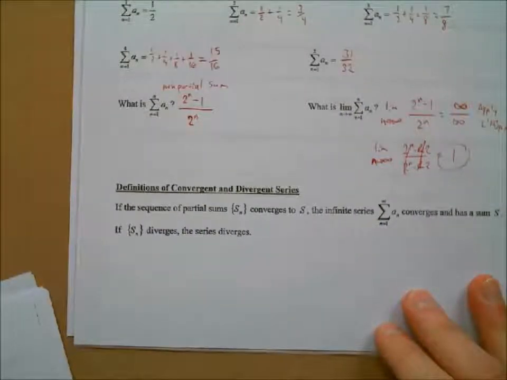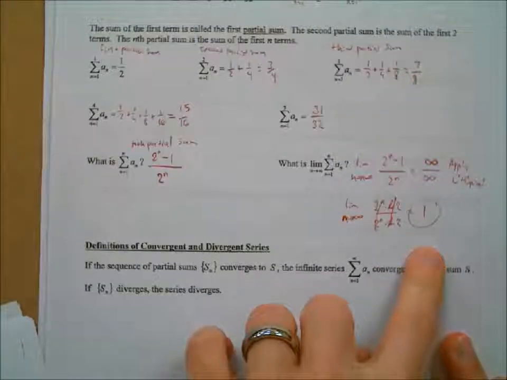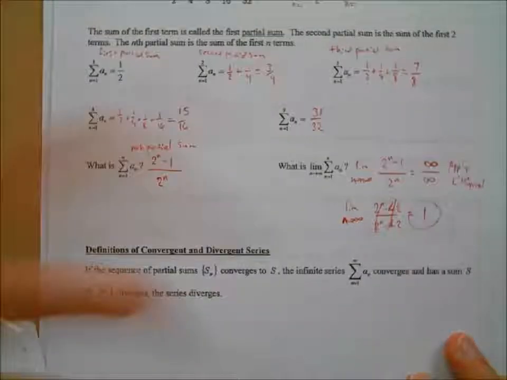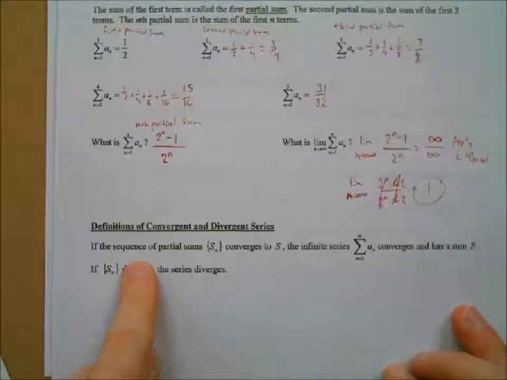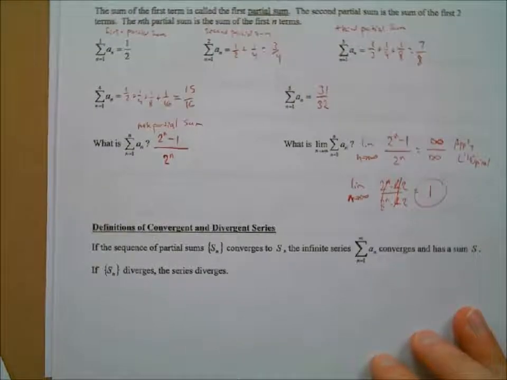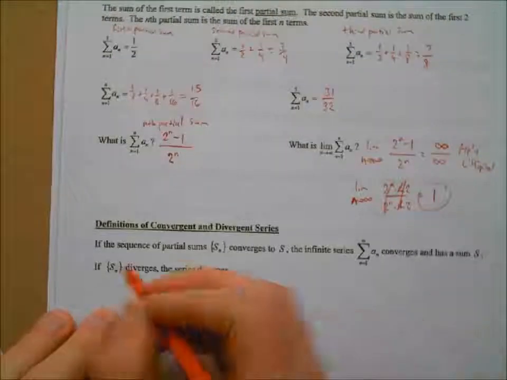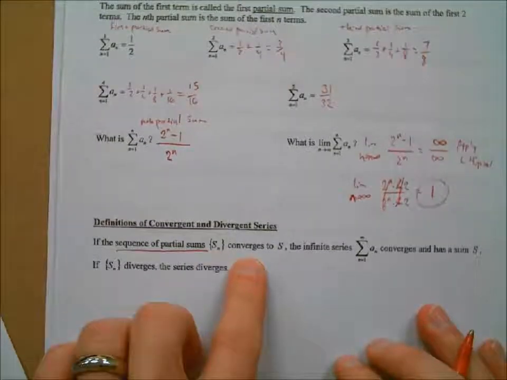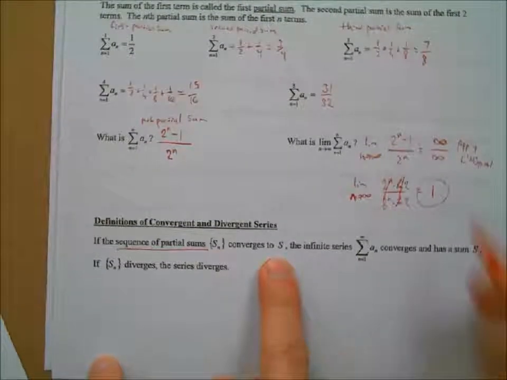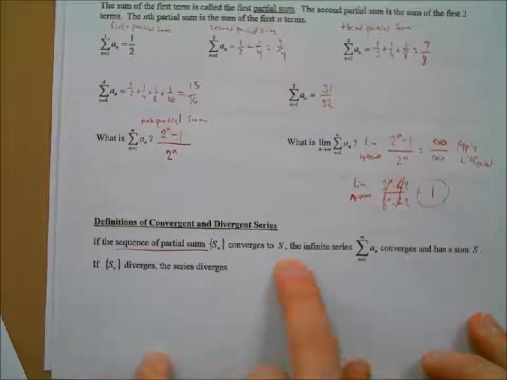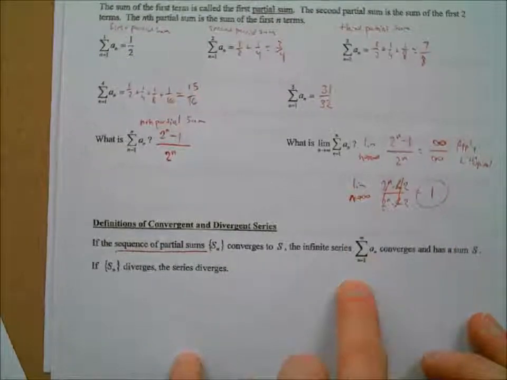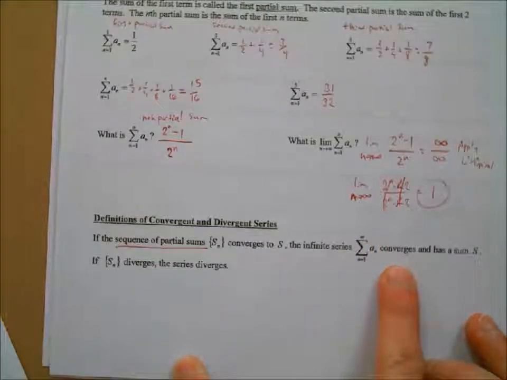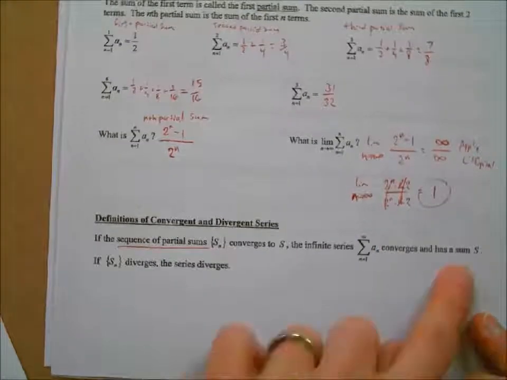So, definitions of convergent and divergent series. Of course, we would say this series does what? Converge or diverge? Converge, right? Because it goes to a number. So again, we're jumping back and forth between ideas here. If the sequence of partial sums, s sub n, converges to s, some number, like here we converge to 1, then the infinite series, the sum from 1 to infinity of a sub n, also converges, and it has a sum s.